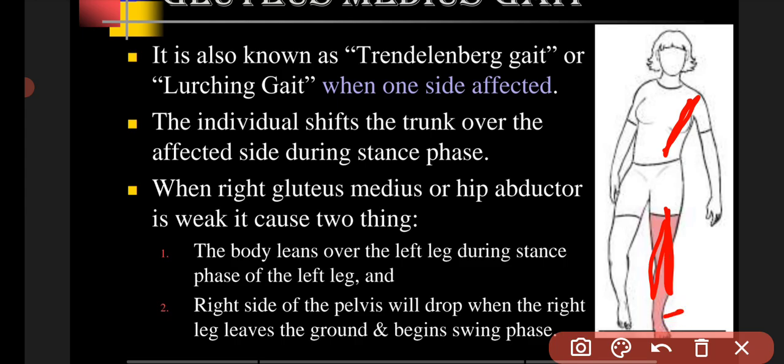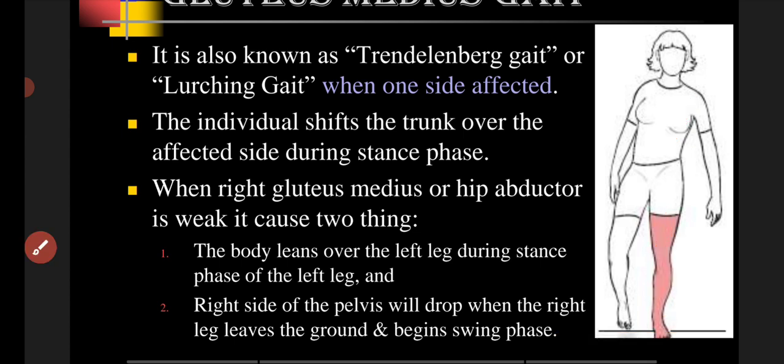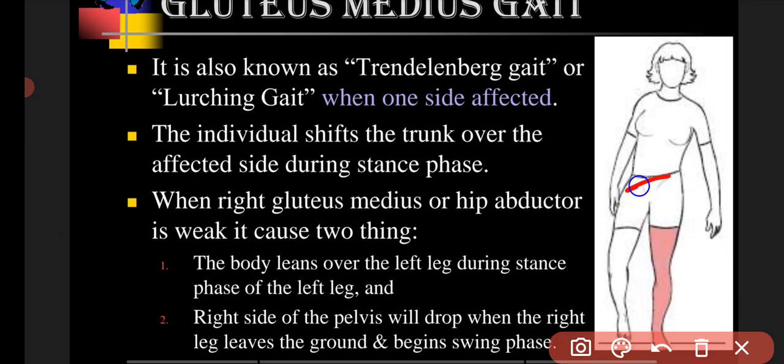When the right gluteus medius or hip abductor is weak, it causes two things. The body leans over the left leg during the stance phase of the left leg, and the right side of the pelvis will drop. Here, see, the right side of the pelvis drops during the stance phase of the left side, and this side's gluteus medius muscle is weak.